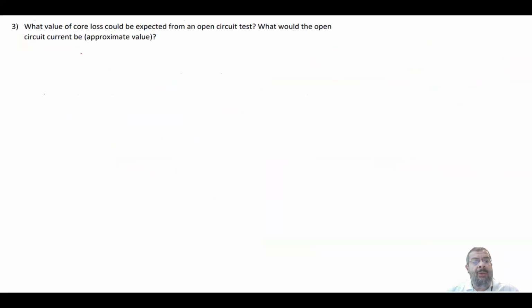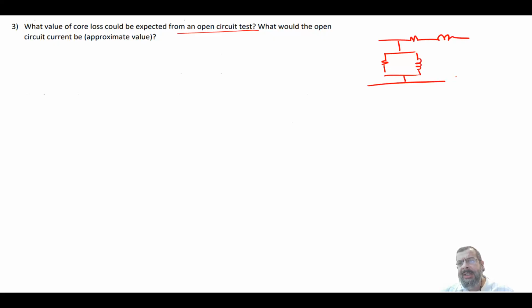The last part: what is the value of the core loss from an open circuit? If you have the model, what would be the value? We'll use the two models and show that they give you exactly the same value. So we have here RC and XM. I don't care about XM because the core loss is represented in RC.